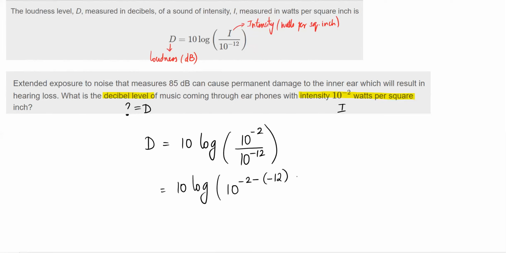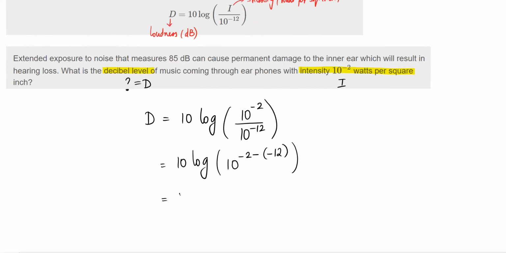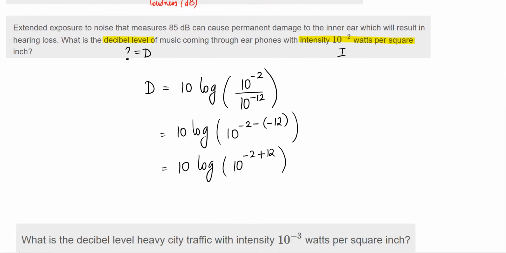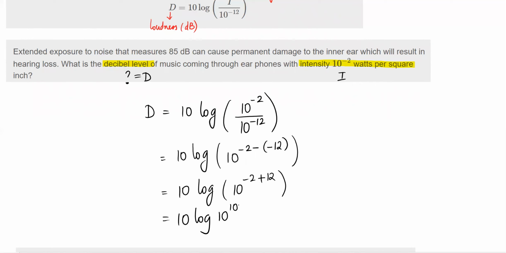The bottom also has a negative, so watch out for that. Top power minus the bottom power. We now have 10 log 10 power negative 2 plus 12, the minuses combined. I'm doing it pretty elaborately here. So 10 times log 10 power, negative 2 plus 12 is 10. This is what we have.